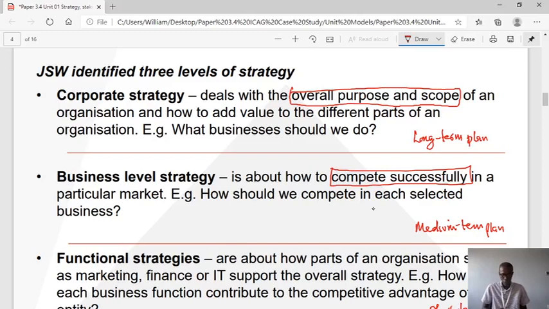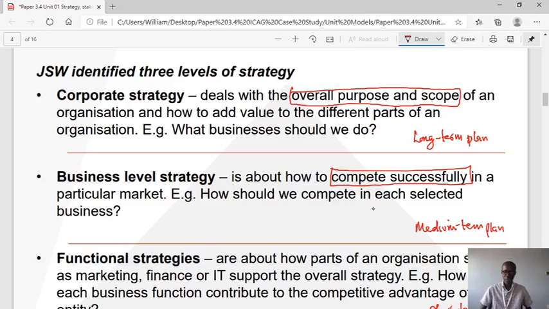So we focus on each function and how it can be well set up to support the overall strategy of the organization. How can each business function, each department, contribute to the competitive advantage of the entity?